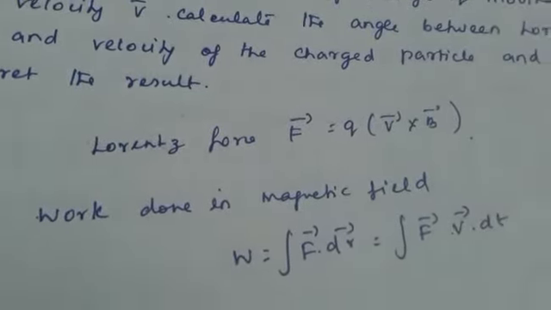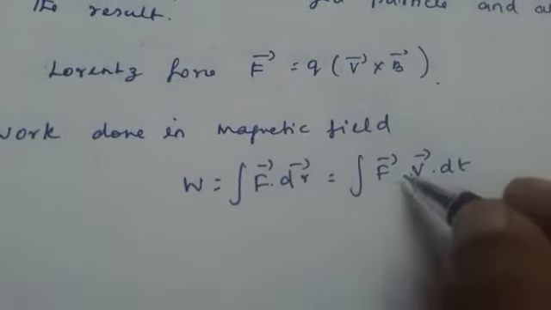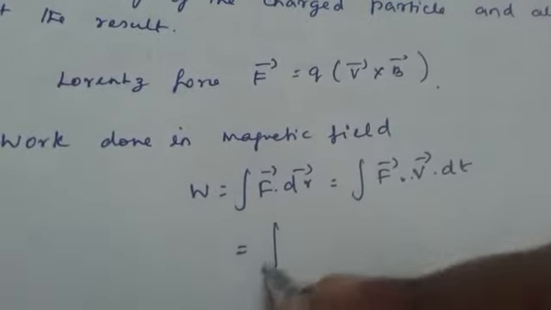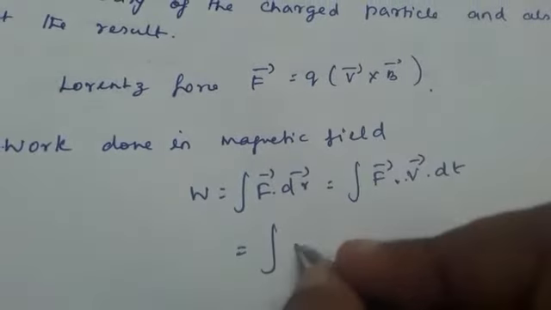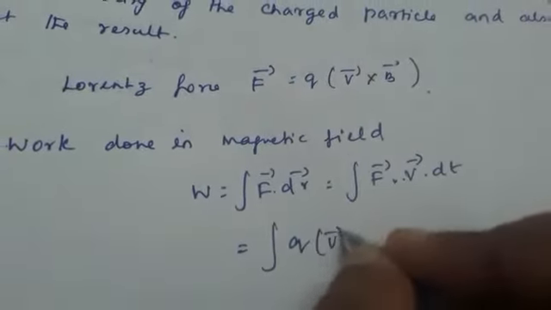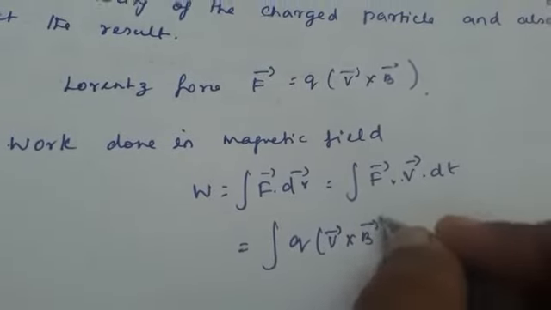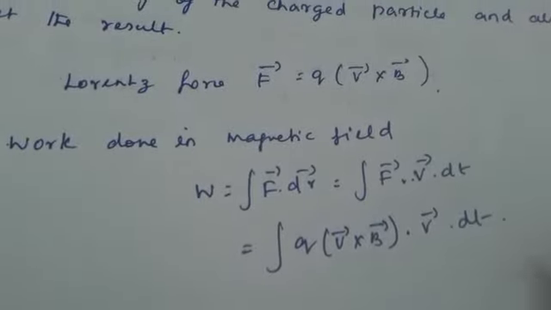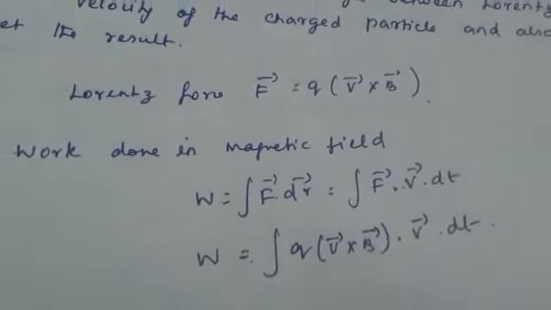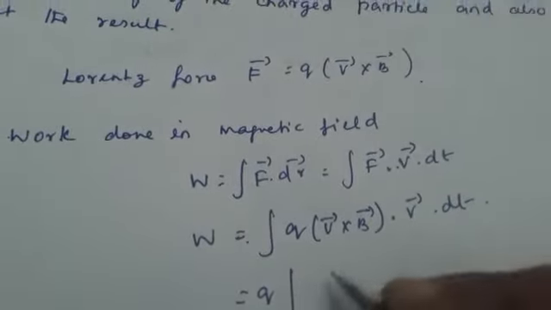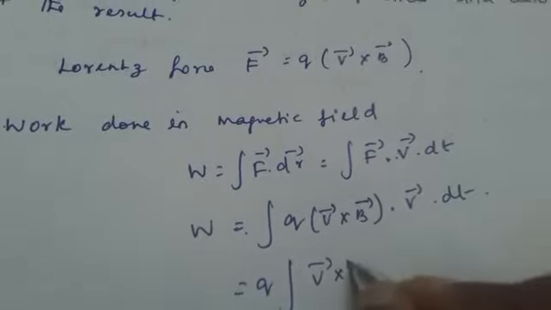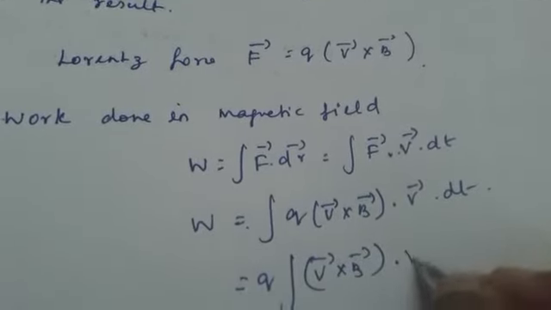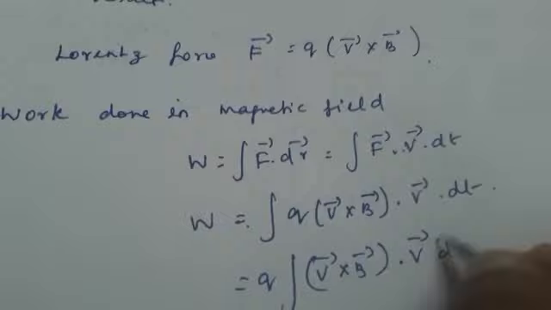Now this can be written as integral, for F I am going to substitute q into v cross B dot v dt. This is your work done. So q can be taken outside: q integral of v cross B vector dot v vector into dt.